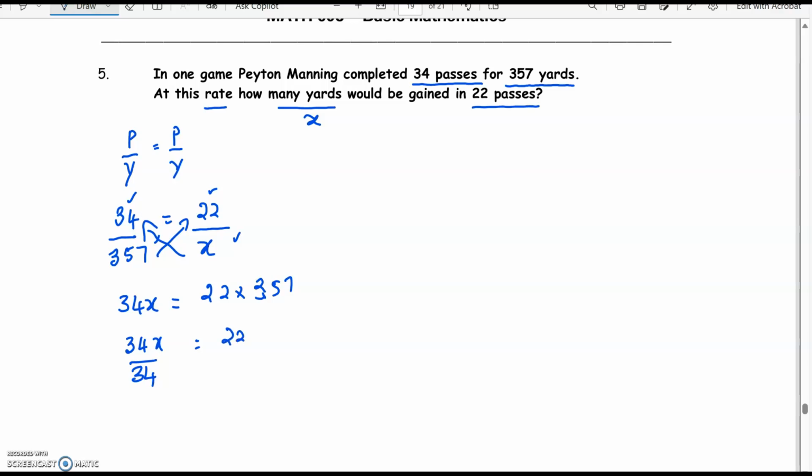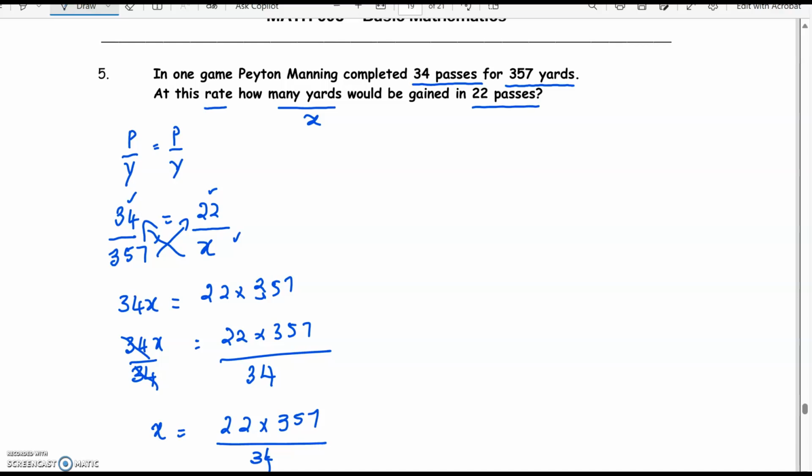So that's 22 times 357 divided by 34. So the 34 cancels and we get x all by itself. So basically at this point we've solved the equation. I'm going to check using my calculator what kind of answer we can expect.